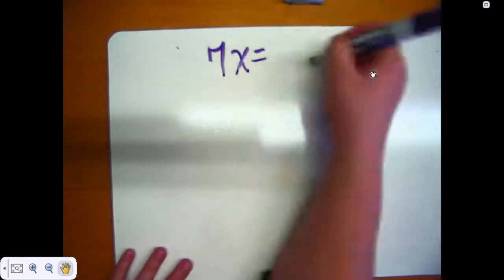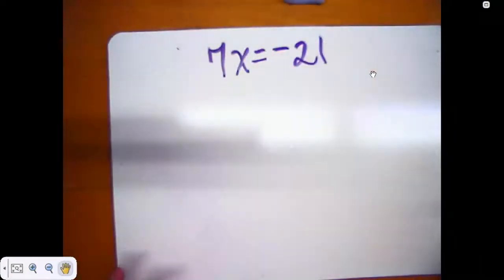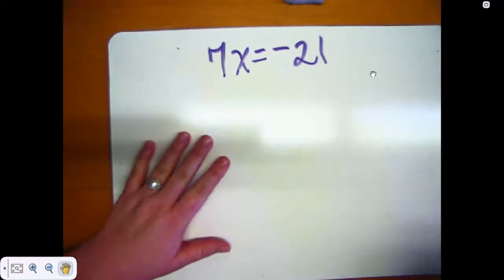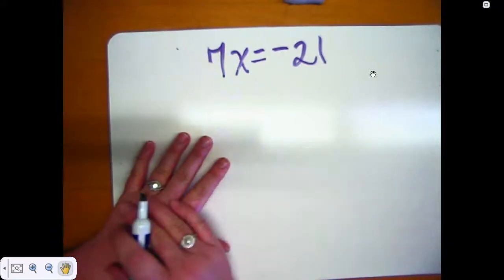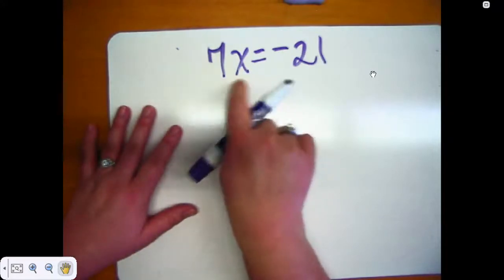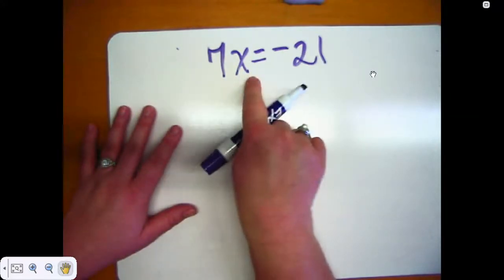Sometimes you may see it like this. 7x is equal to negative 21. On this one, we still need to get x by itself. If we were doing cups and chips, we would already be down to the 7 cups and 21 red chips. So all we would need to do is divide that 21 into the 7 cups. So if we think about it backwards, we see that this 7 is being multiplied by the x.